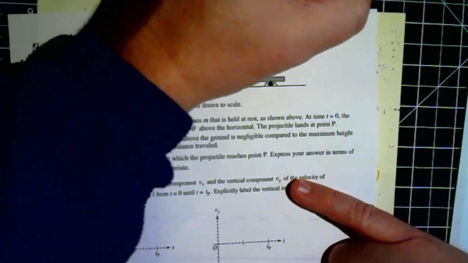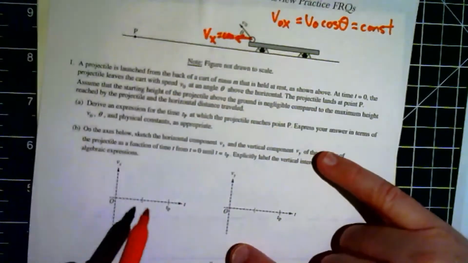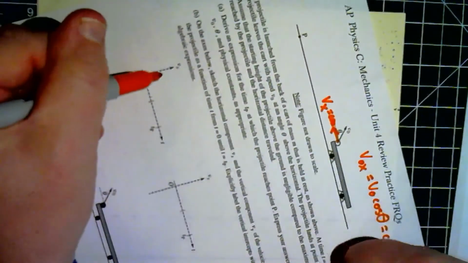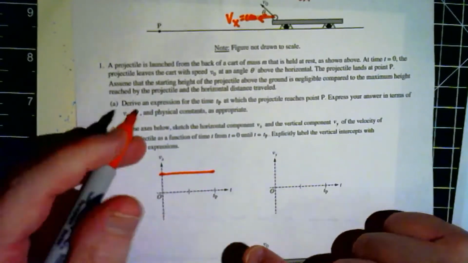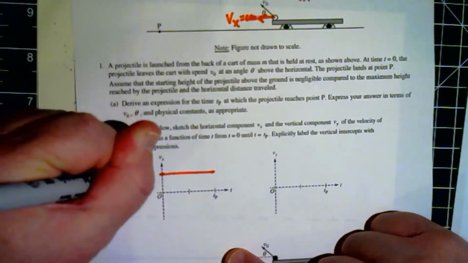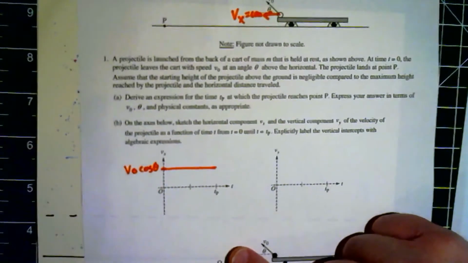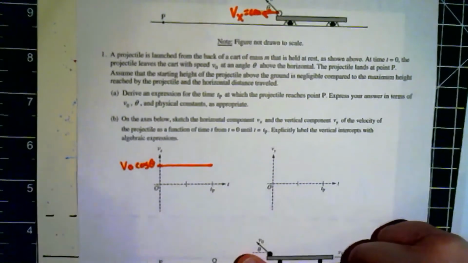And so that value right there, like I said, is a constant velocity. All right, so when I sketch this over here, all I have to do is draw a horizontal line from time 0 to Tp, and I also need to label this as v0 cosine theta. It is critical that you label it because it says explicitly label the vertical intercepts.